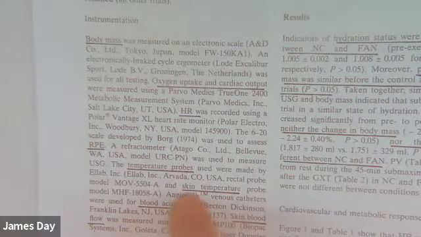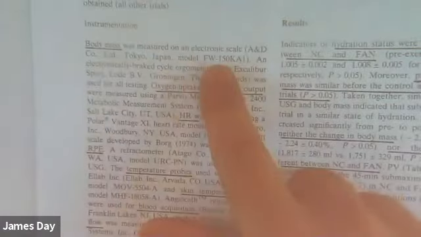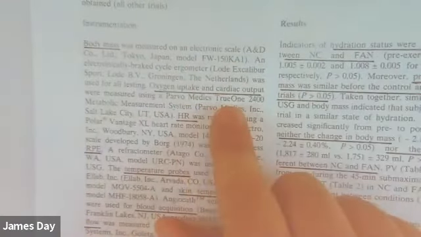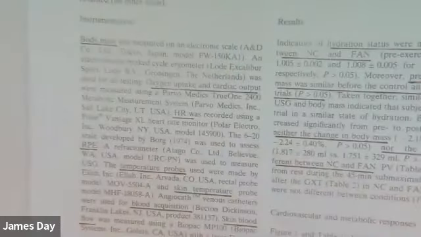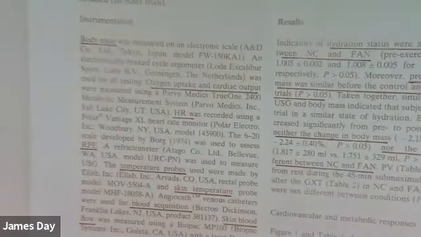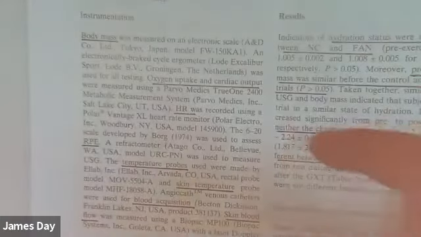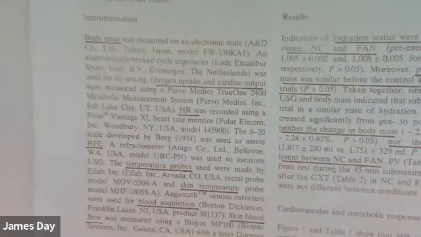But in the instrumentation section here, they go through and say, body mass was measured on this electronic scale. Oxygen uptake and cardiac output were measured using this device. And they have all the devices and the manufacturers and all the important things, so you could repeat it. But what it really does is give us a really nice list going through all the different measurements in one place.